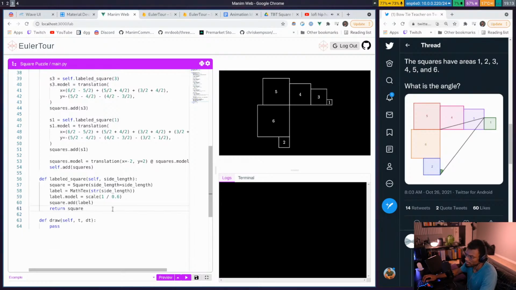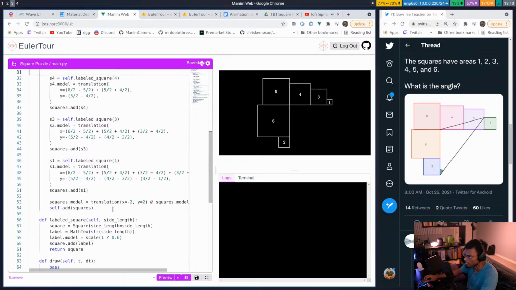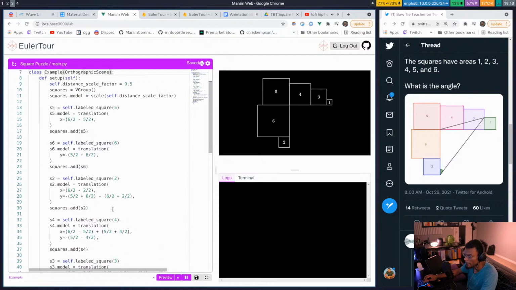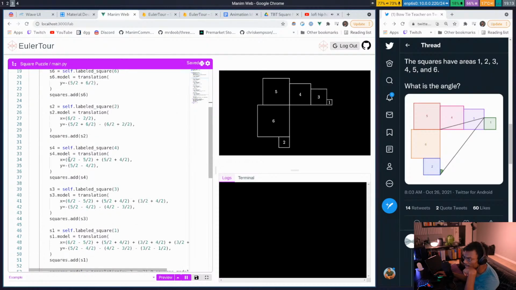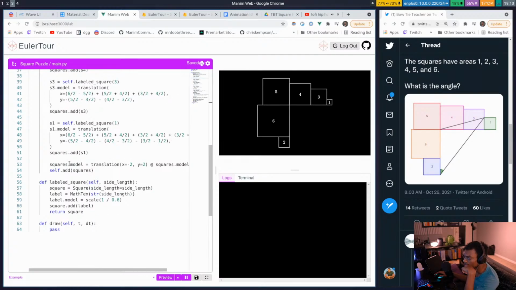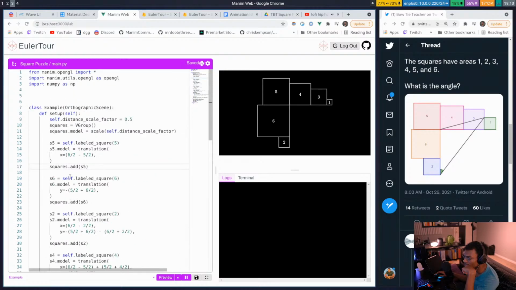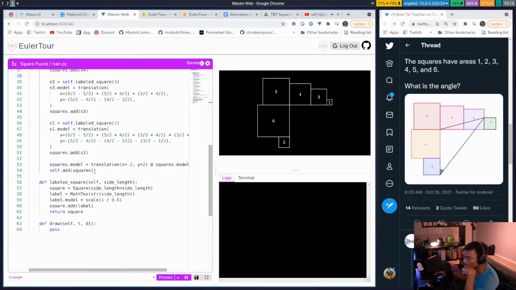Yeah, I guess that doesn't make too much sense. It would be kind of useful, but I think it's more code than I actually even need. Squares dot add S5, S6. Squares dot model. Self add squares. Okay, so I'm pretty much done with the squares.